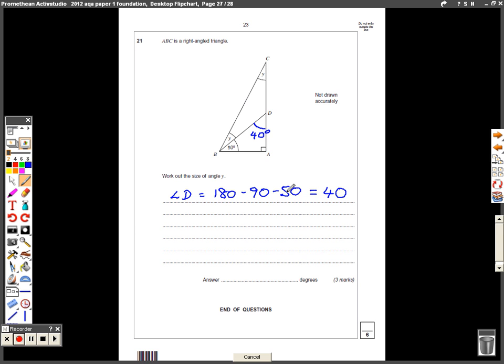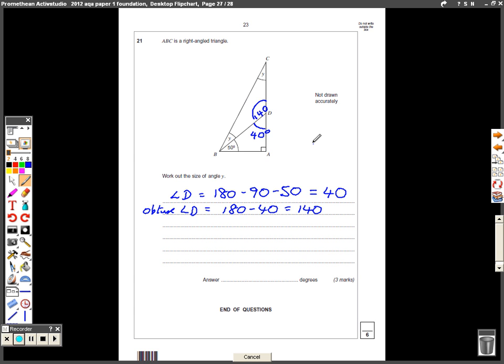And because there's a straight line, then I can use the fact of angles along a straight line adding up to 180. So the obtuse angle at D is going to be 180 take away 40, which is going to be 140. So I can write 140 on my diagram.